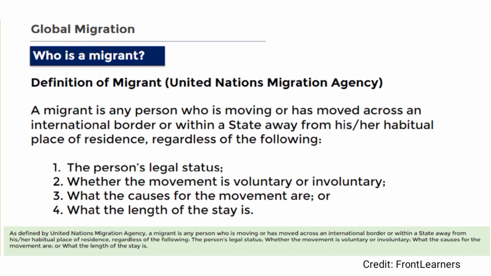Number 1. The person's legal status. 2. Whether the movement is voluntary or involuntary. 3. What the causes for the movement are, or 4. What the length of the stay is.